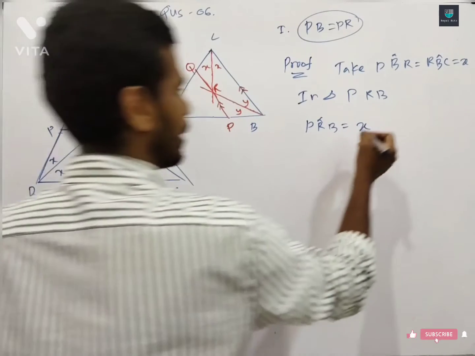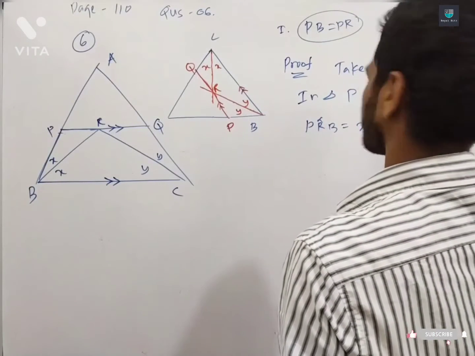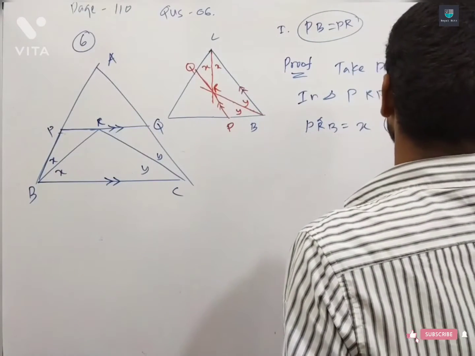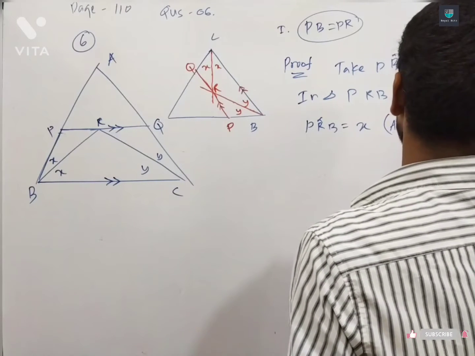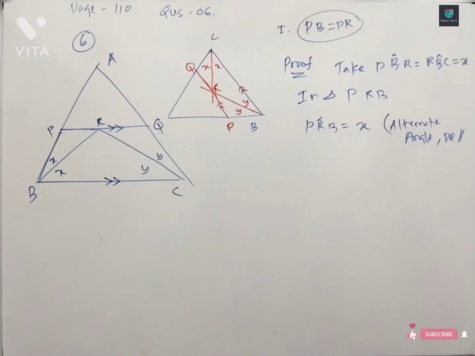Why? Alternate angles, very good, because PQ is parallel to BC.